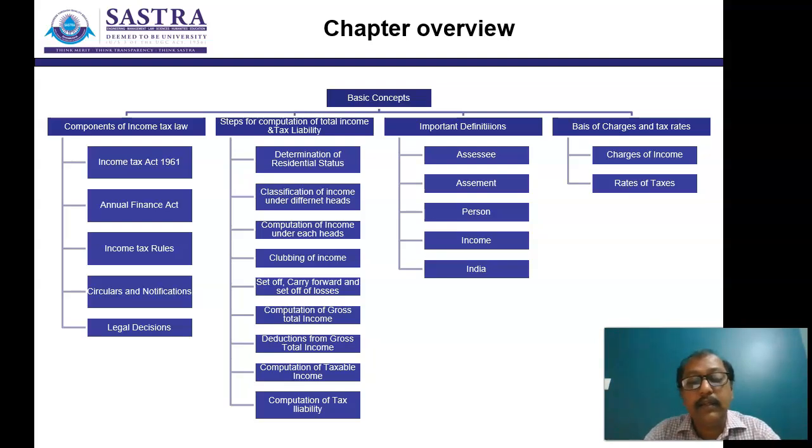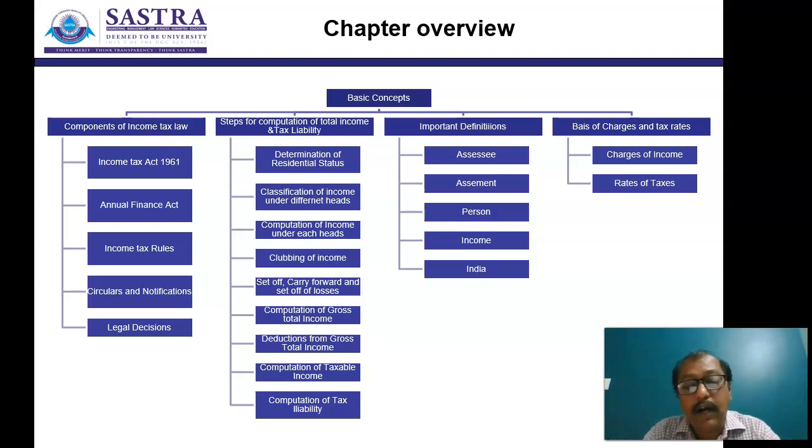And then, if at all an individual is eligible for deductions, not all the individuals will be eligible for deduction. So, for eligible individuals, deductions from the gross total income can be made as the next step.